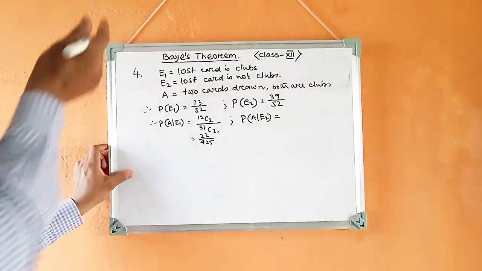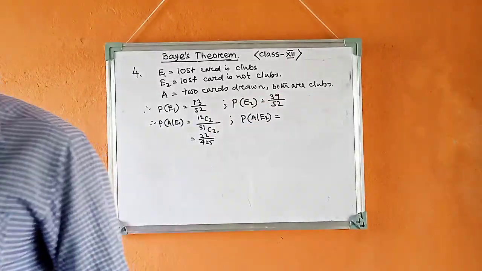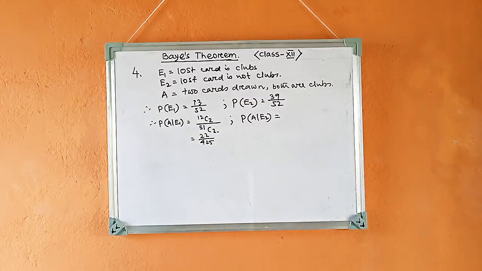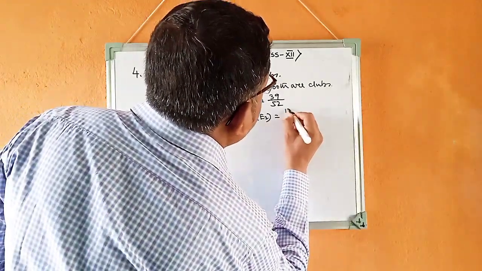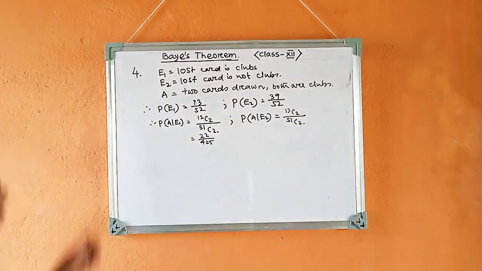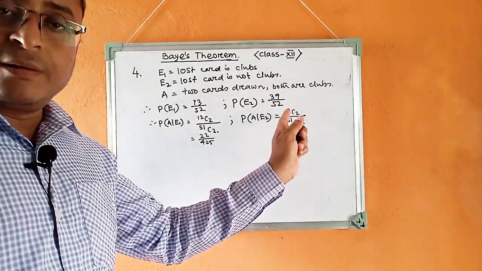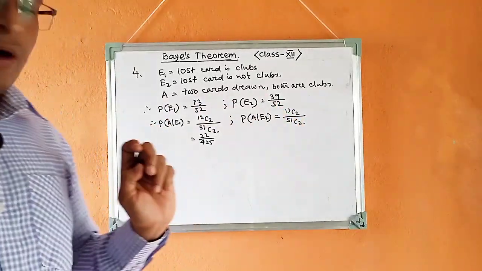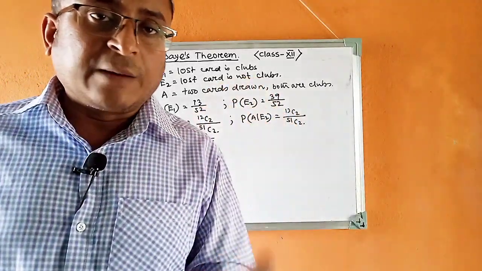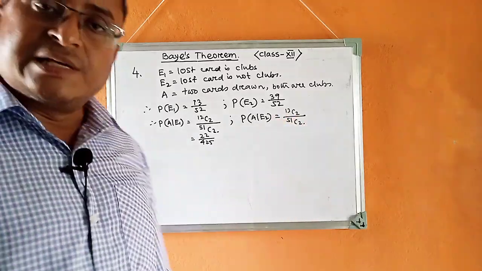Now the second event, P(A|E2). That means picking two club cards when a non-club card is lost. That is 13C2 divided by 51C2. 13C2 means picking two club cards out of 13 club cards, and the total number of cards is 51C2.